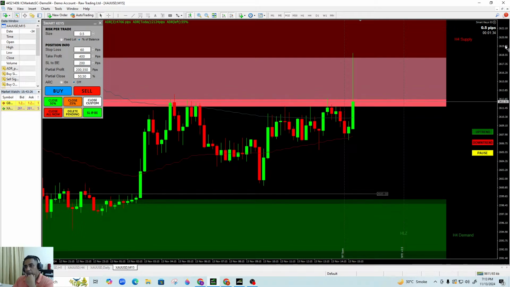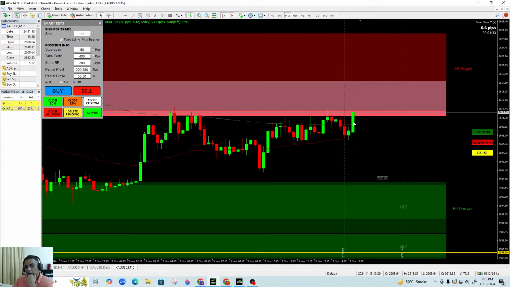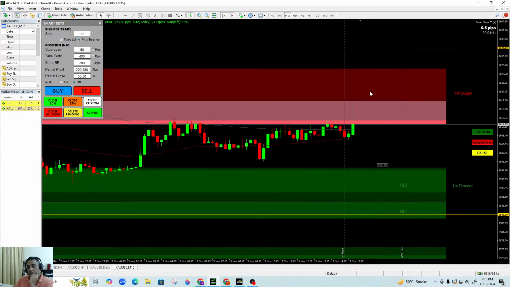You cannot buy because price is in supply, and neither can you sell because you don't have a candle close in your direction. A bearish candle needs to close in your direction to even think of selling. We just have a bullish candle that's closing right now. It's rejecting this area, but it's still a bull candle, and we can't buy because that's a supply zone, right? Price has to break outside this zone for us to be able to buy.